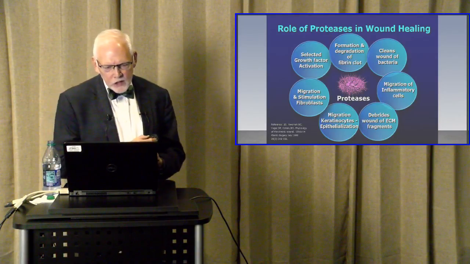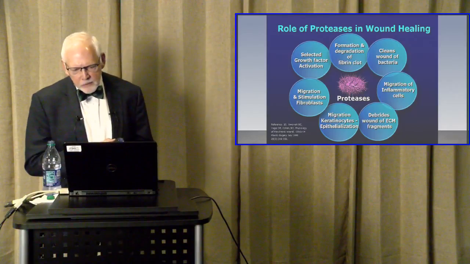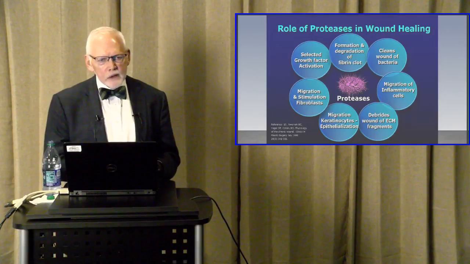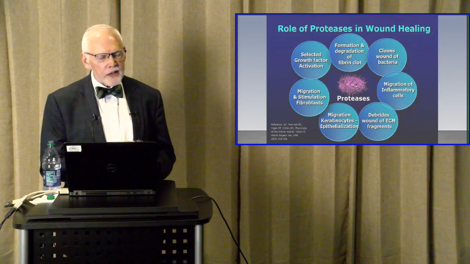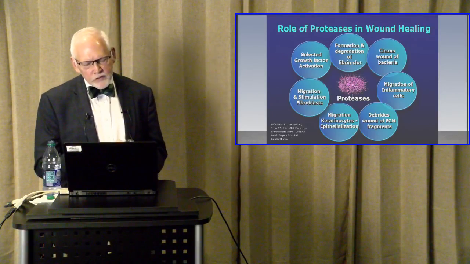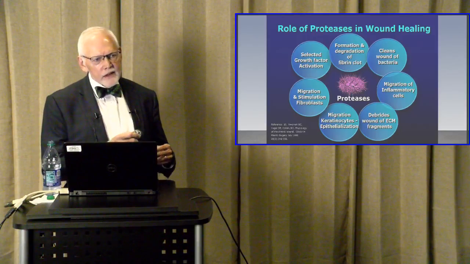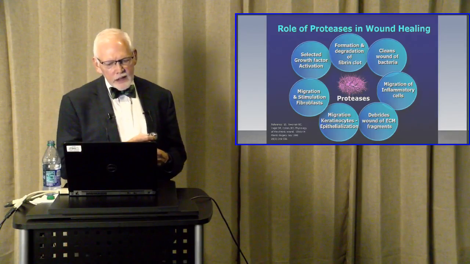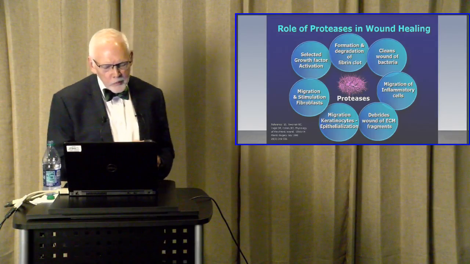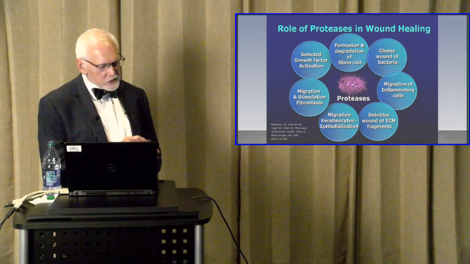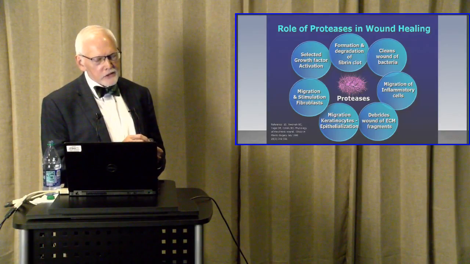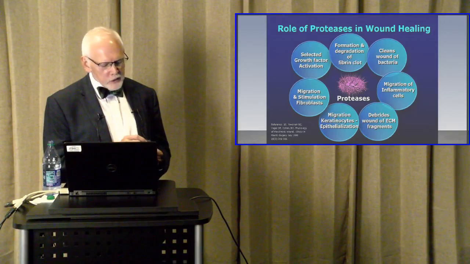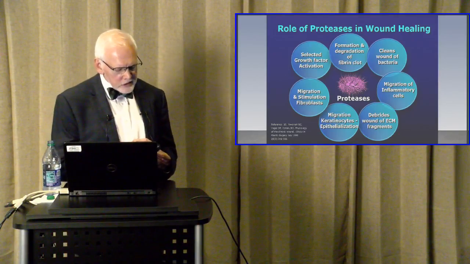I want to mention also proteases, because you'll see later on MMPs, which are matrix metalloproteases. They have a normal function in wound healing where they come in and cleave protein when it needs to be cleaved and participate in the normal process, but they also are bad actors if they hang around too long and tend to perpetuate the inflammatory phase of wound healing.